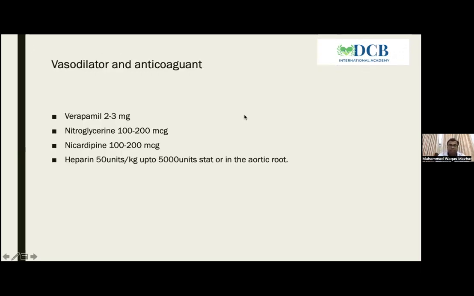After sheath insertion, in practice we inject the vasodilator and anticoagulant. The vasodilators we use in our cath lab are verapamil 2 to 3 milligram, nitroglycerin 100 to 200 microgram, nicardipine 100 to 200 microgram, and heparin 50 units per kg up to 5,000 units stat.